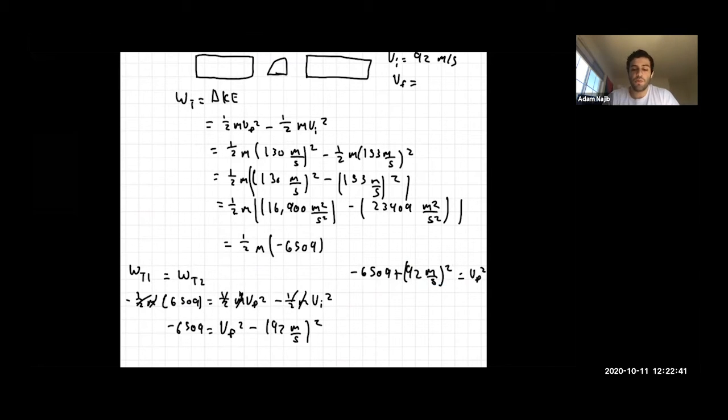That value, 92 squared plus negative 6,509, should be equal to 1,955. So VF squared is equal to 1,955, and then taking the square root of both sides. Actually, I'm sorry, let me maintain my units. 1,955.